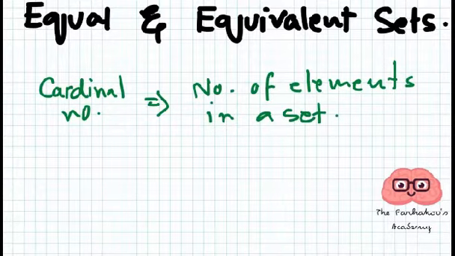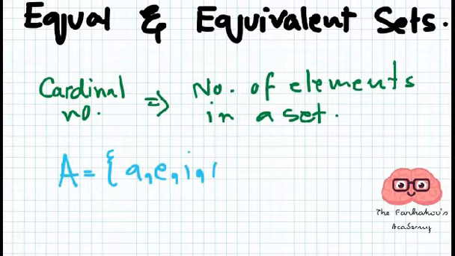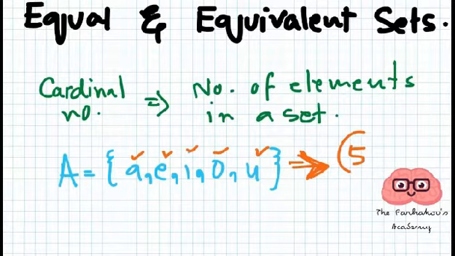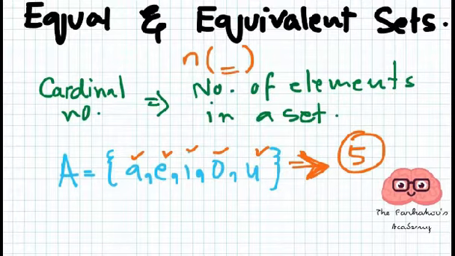Let's suppose I have a set which is A equals to the set of, let's say, vowels. Here we have 5 elements. So the cardinal number of this set, that is the number of elements in this set, is 5. And there's a specific way of writing it. It is written like this, and here goes the name of the set.